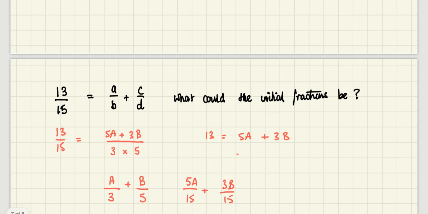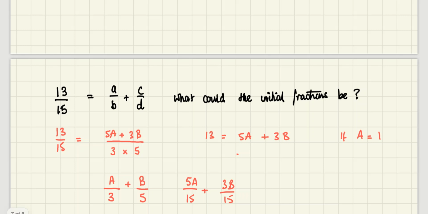Yep. All right. Now this is where it's slightly harder in this case than what you're going to be doing, because we now need to figure out what values of a and b could be. In this case, I'm going to have a bit of a starting guess and say, what if a was 1?